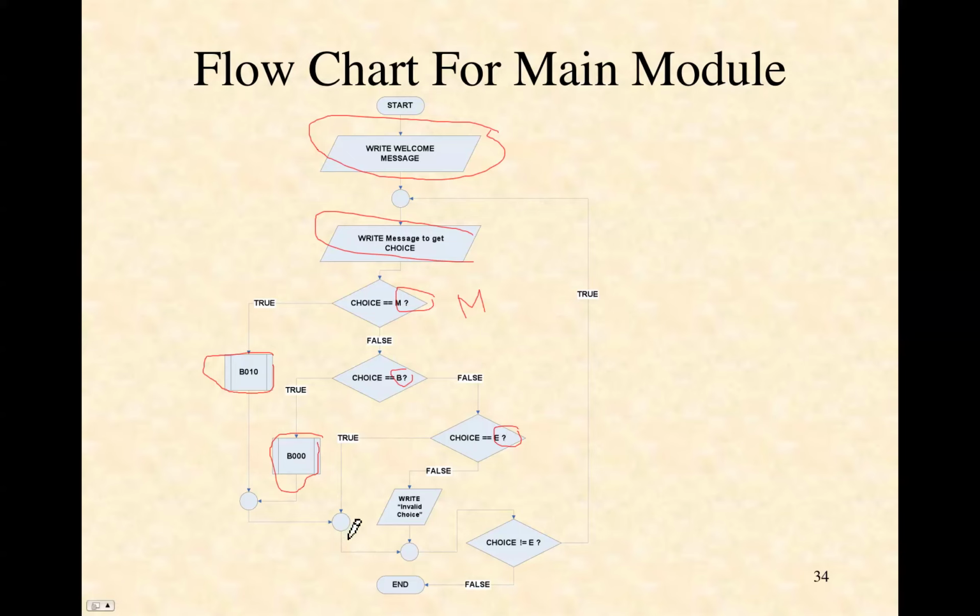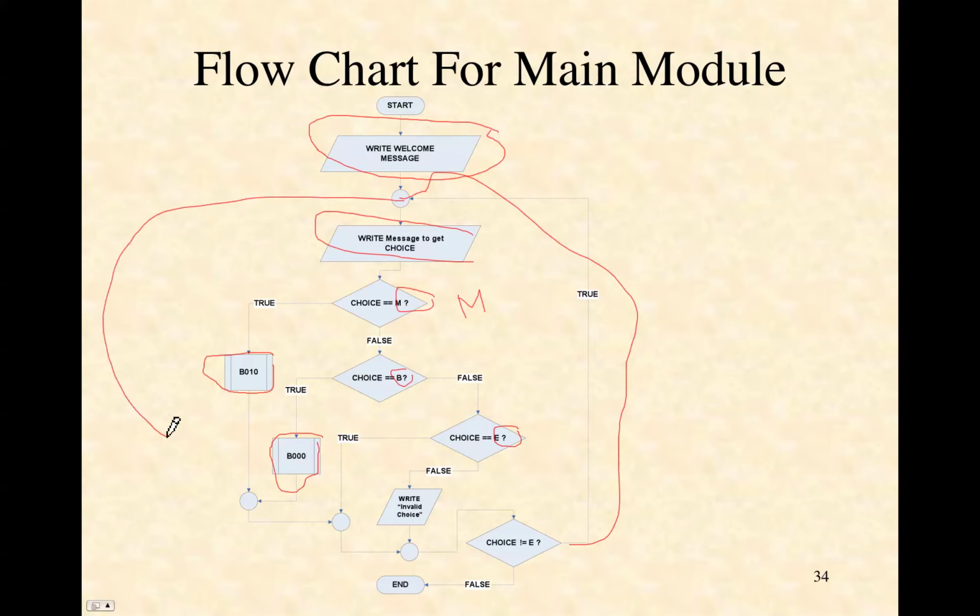And if that is true, then we test again that choice is not equal to E. If choice is not equal to E, if this is true, we'll go back here and we'll repeat the whole process again.